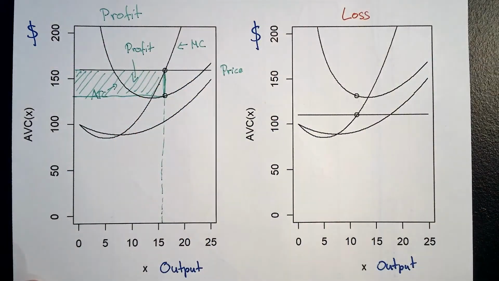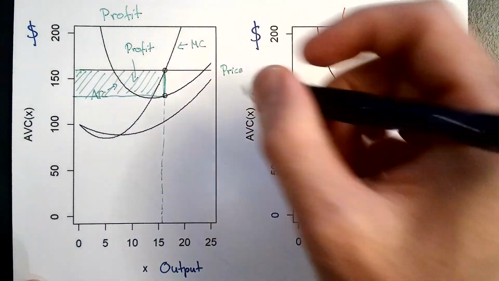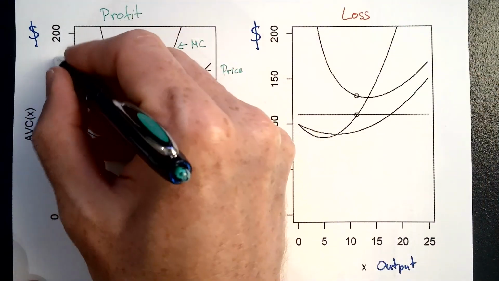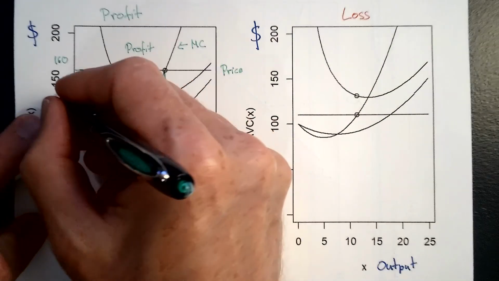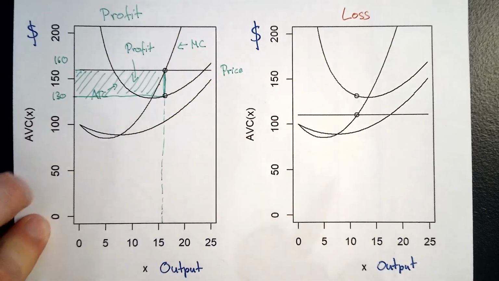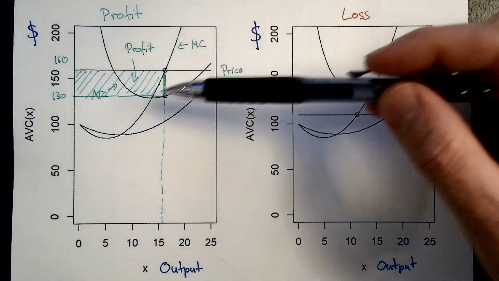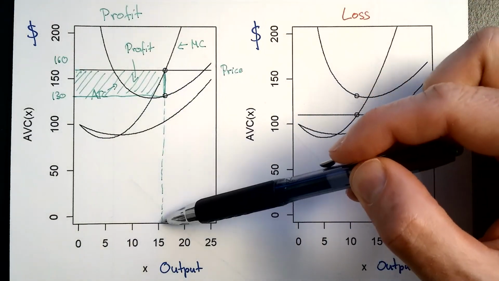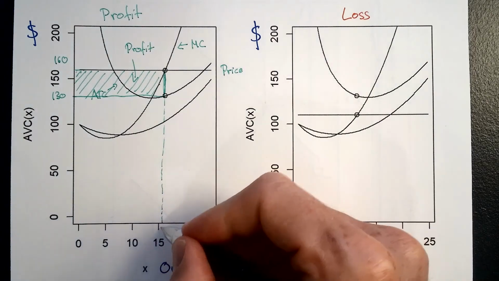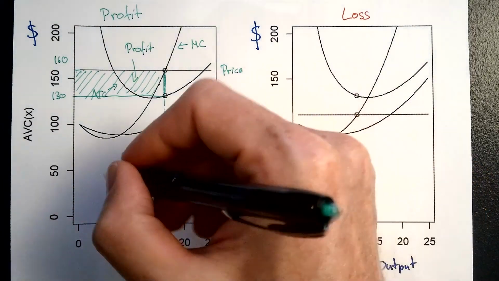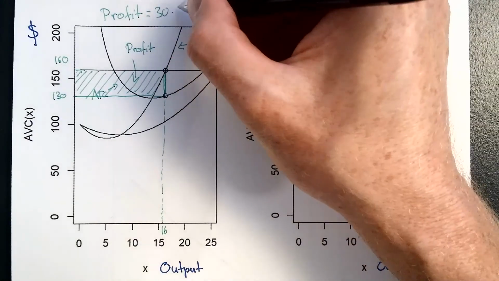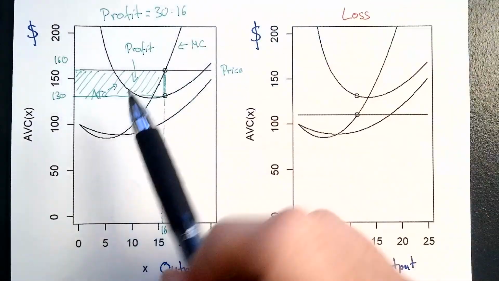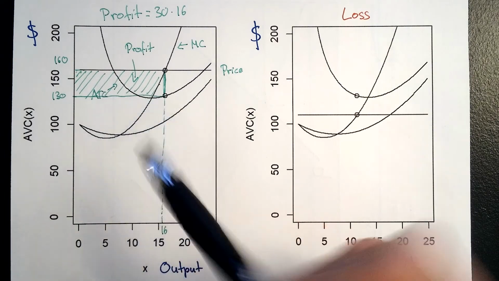Okay, so in this case, say the price is at, say, 160. The cost is, say, at 130. So the per unit profit is $30. The firm is selling, say, 16 units. Then the profit is equal to 30 times 16, which is represented by this area here.